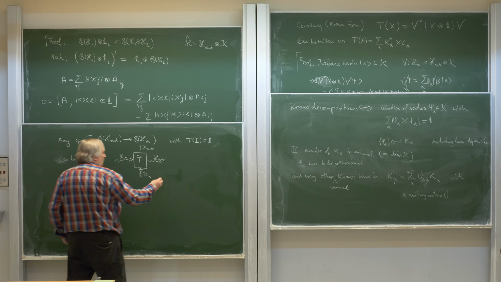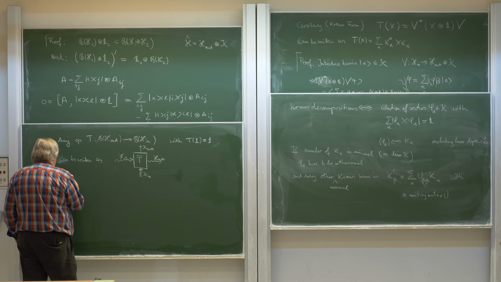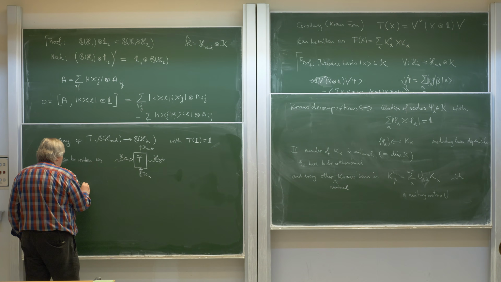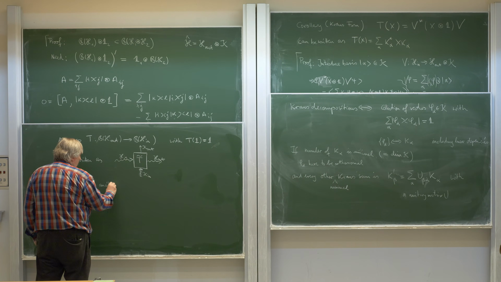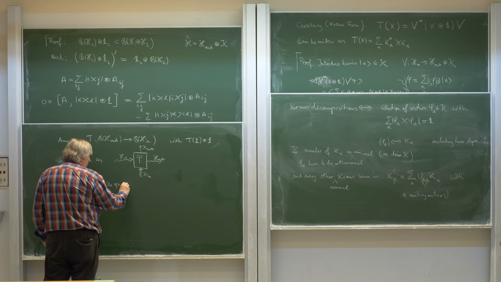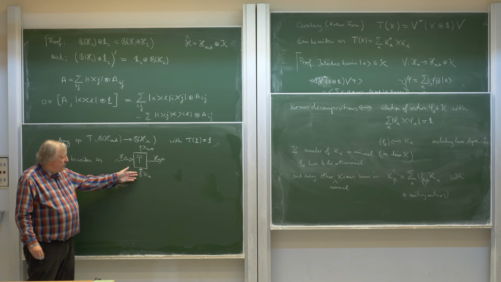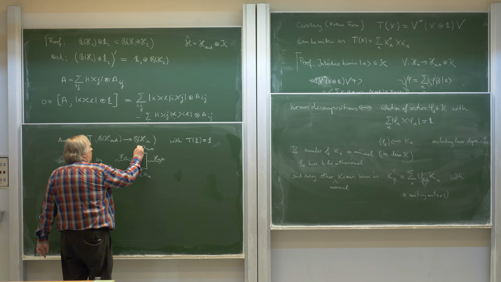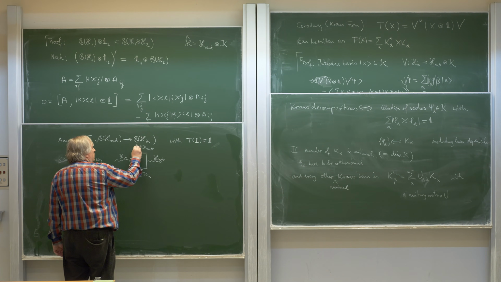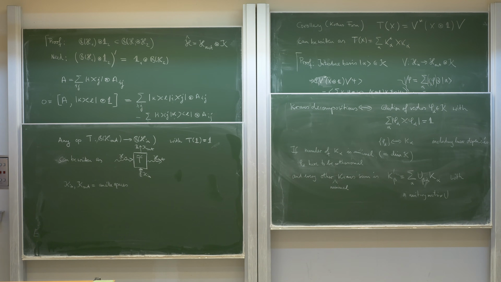And so this is K in, K out are the ancilla spaces. And so I prepare some additional ancillas, and this means that you just trace out the output system.